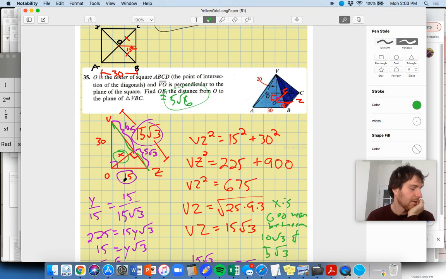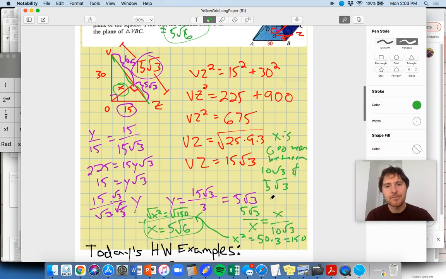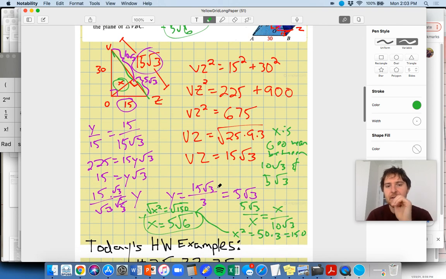Well, that's 15. That's 30. Let's see here. Did I do this wrong here? Oh, I feel like I made a mistake over here. Let's see. 225. Okay, it's 15.